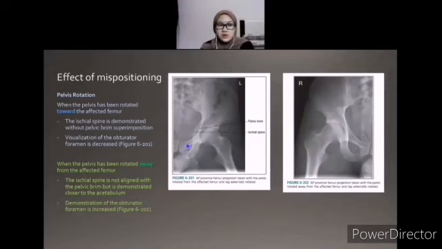When the pelvis has been rotated toward the affected femur, the ischial spine is demonstrated without pelvic rim superimposition, and the visualization of the obturator foramen is decreased. And when the pelvis has been rotated away from the affected femur, the ischial spine is not aligned with the pelvic brim, but is demonstrated closer to the acetabulum, and the demonstration of the obturator foramen is increased.